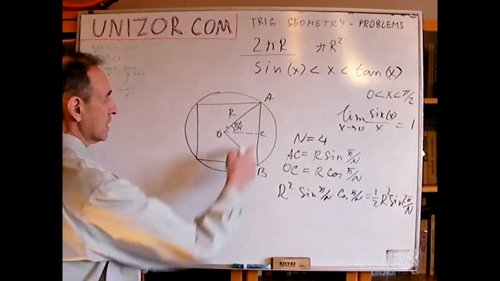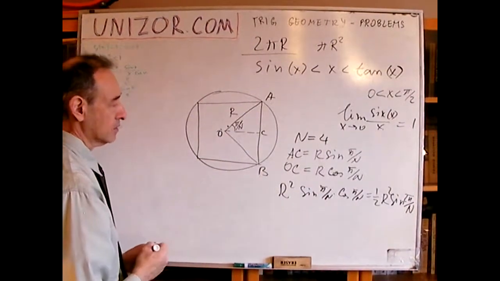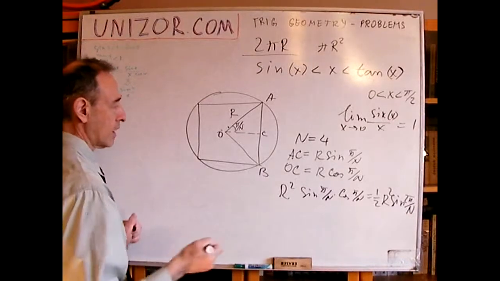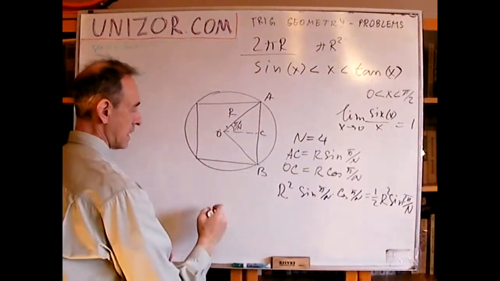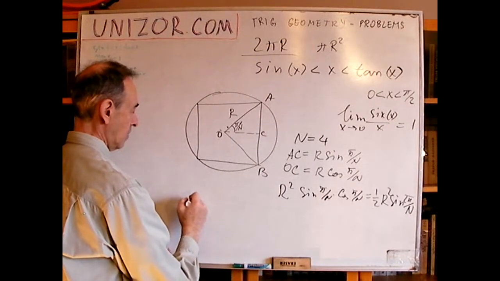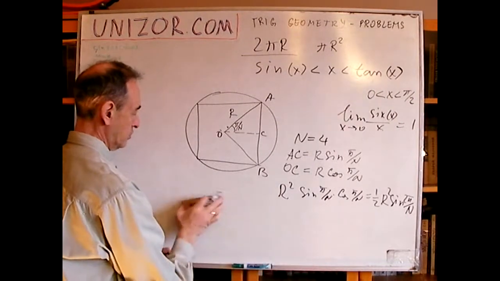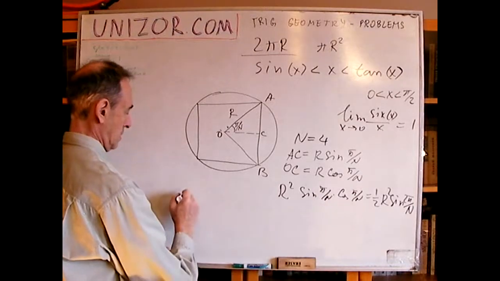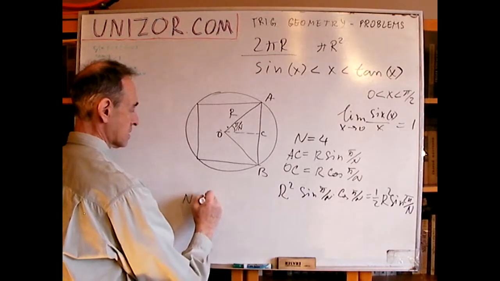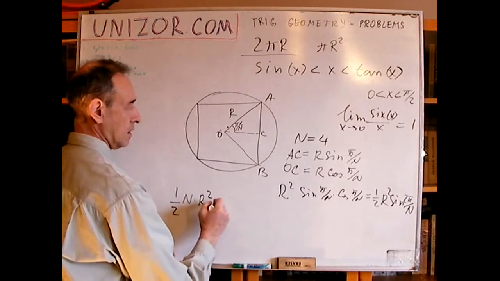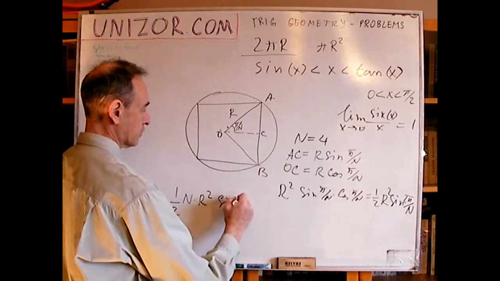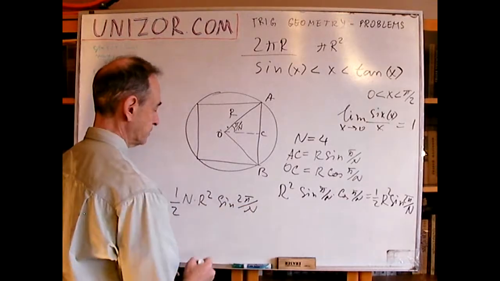So the area of the entire polygon would be n times greater, right? So right now I have only one side. Now I have all n sides. So the area would be n times r squared times 1/2 times sine of 2 pi over n.